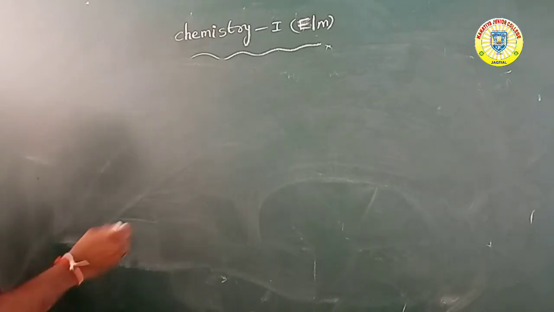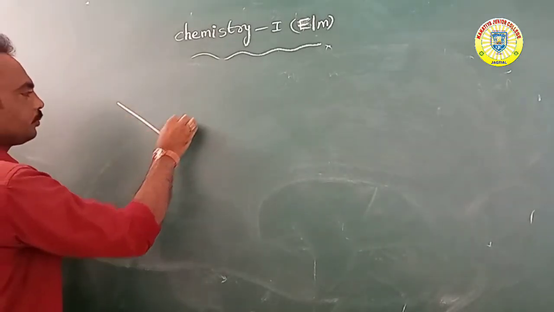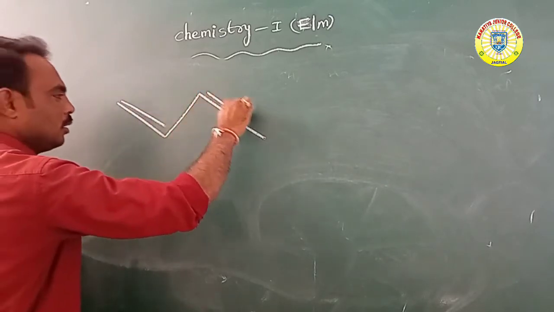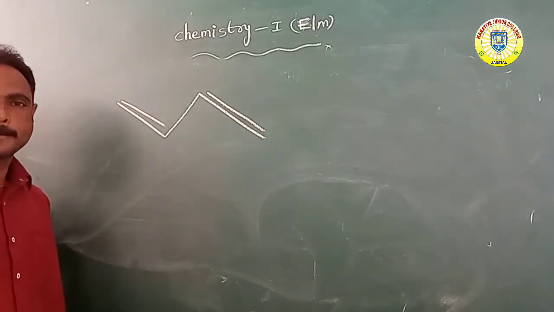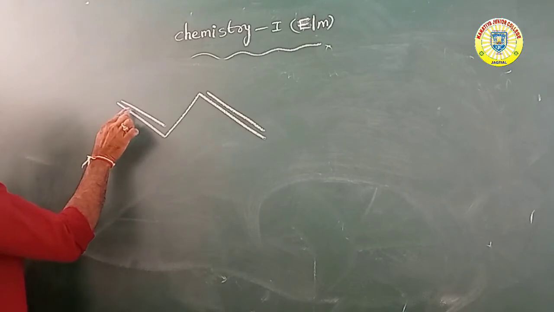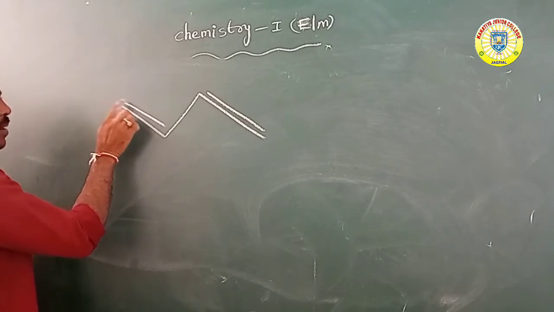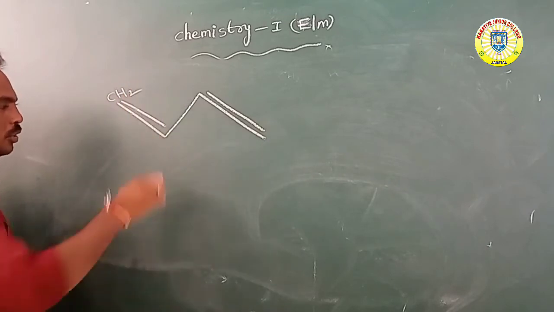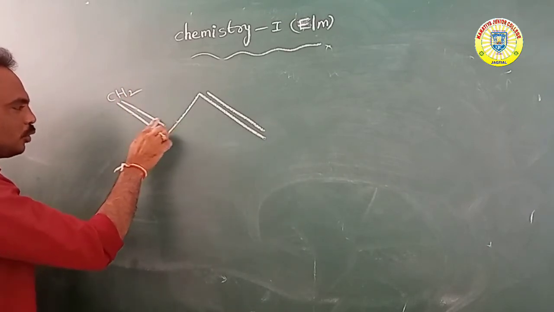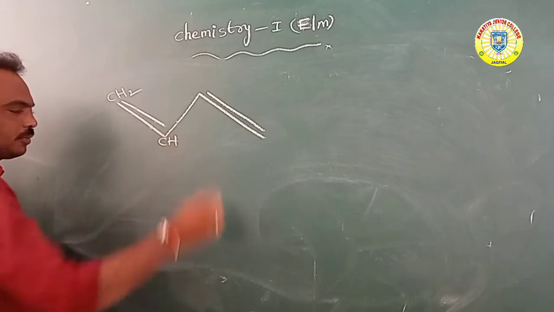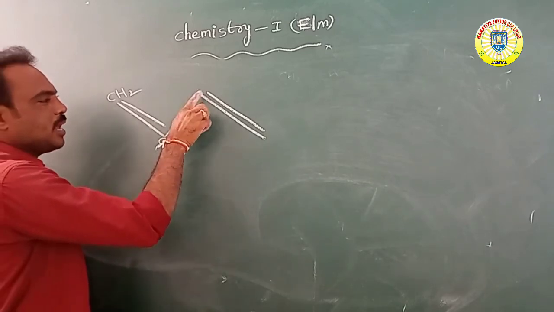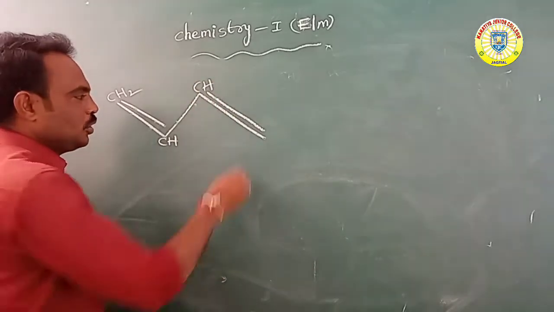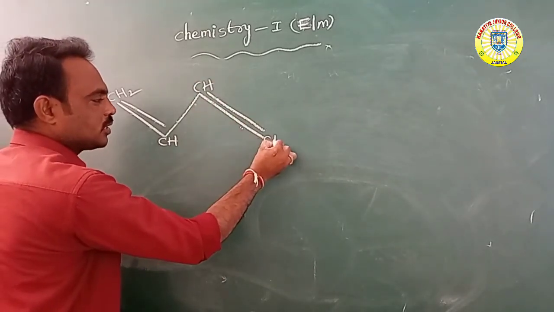Suppose we take another example, with double bonds. The end carbon contains 2 bonds, remaining we write CH2. This carbon is attached with 1, 2, 3 bonds, only CH. This carbon also, we write CH. This last carbon has 2 bonds, CH2.